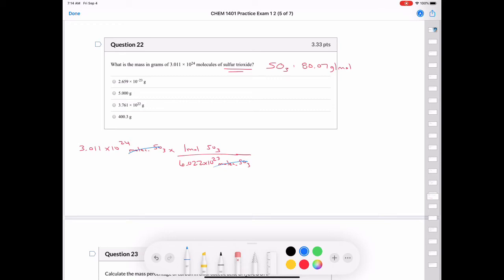Next, we want to use the molar mass as a conversion factor to enable us to calculate the mass of sulfur trioxide. And so we'll put in 80.07 grams of SO3. That's the mass of 1 mole of sulfur trioxide. And so you can see that moles of sulfur trioxide cancel out. And I'm left with my answer, which is 400.3 grams of sulfur trioxide. And what do you know? That happens to be one of the answers.